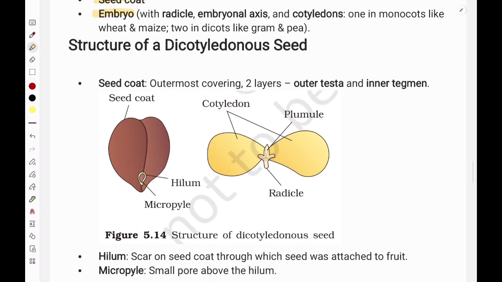A dicotyledonous seed has two cotyledons, and in the center there is an embryo which is further divided into plumule and radicle. Plumule is for the shoot of the plant and radicle is the future root of the plant.